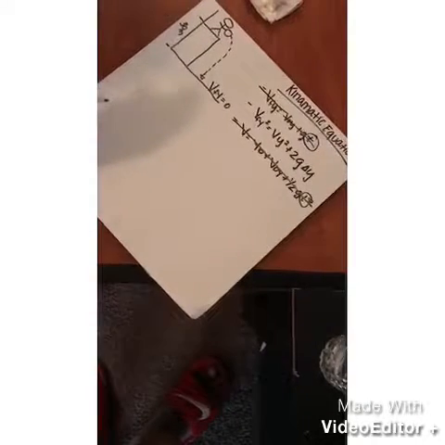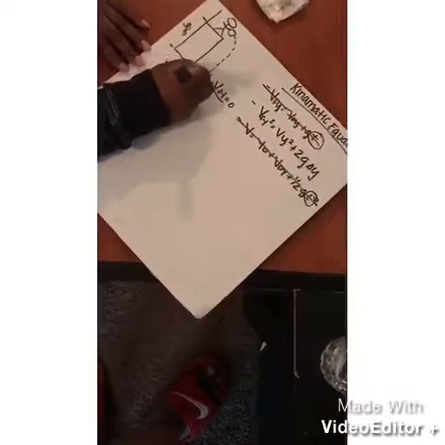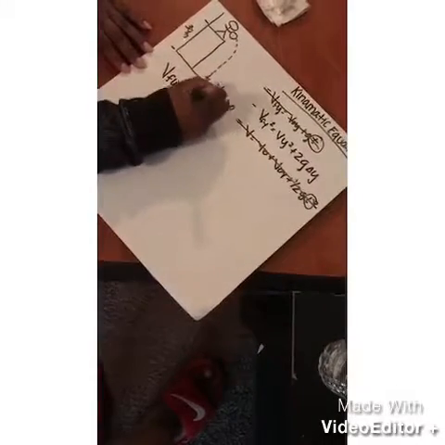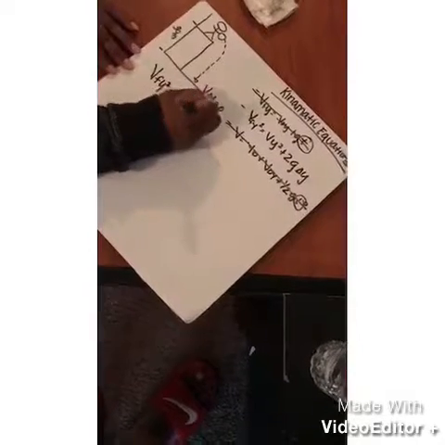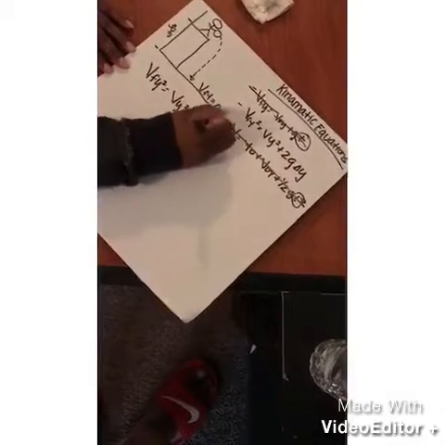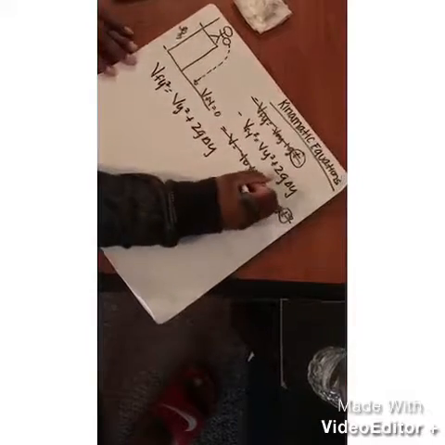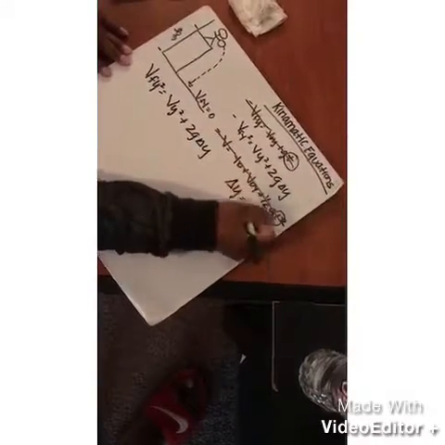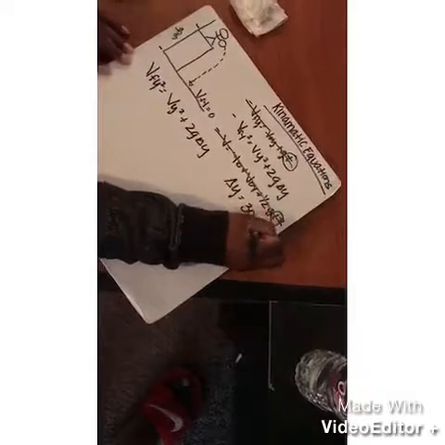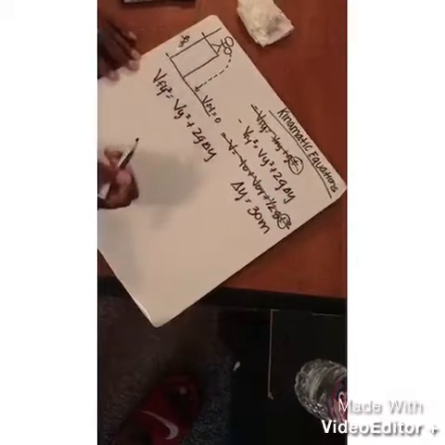We're trying to find V final. So V final squared equals V initial squared plus 2 times gravity times the height. We know the height is 30 meters, which is right here.